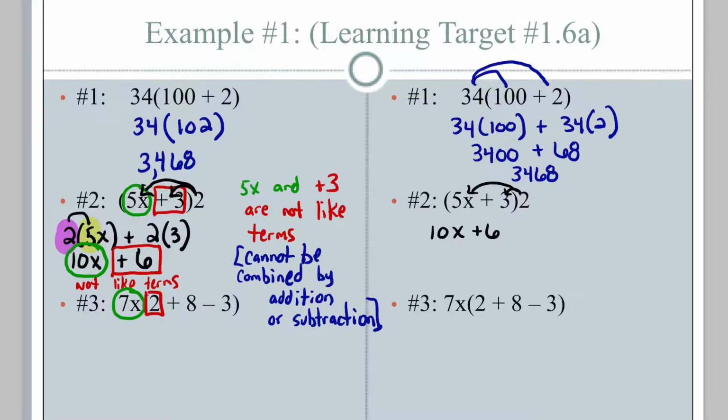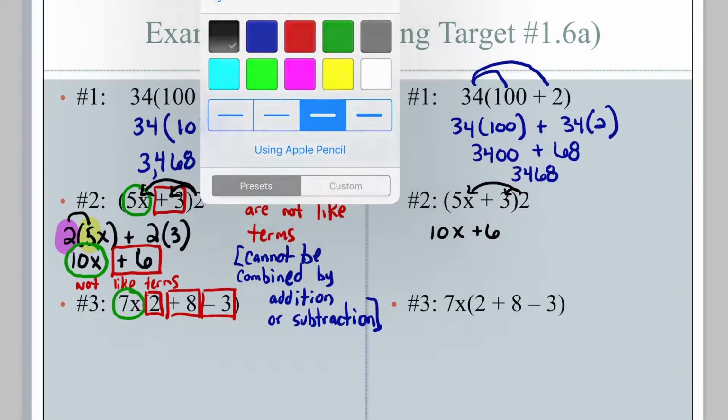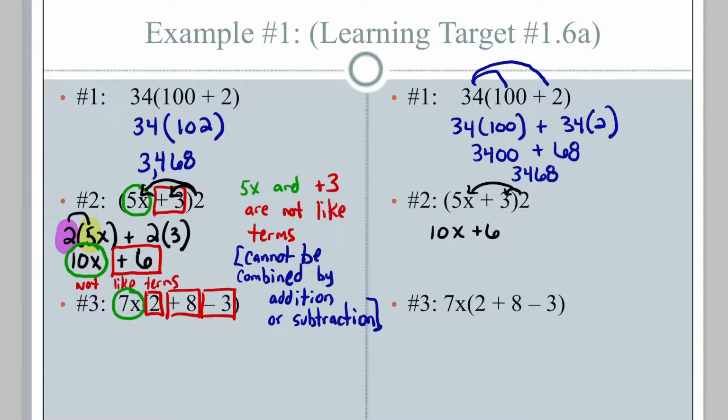Remember, it's an implied plus. A plus 8 and a minus 3. The 2, 8, and 3 are like terms. Therefore, I can combine them inside the parentheses. So I could say 7x and 2 plus 8 is 10 minus 3 is 7.